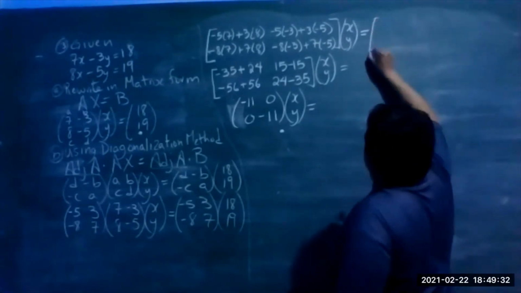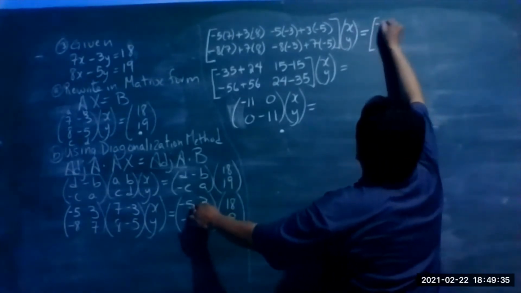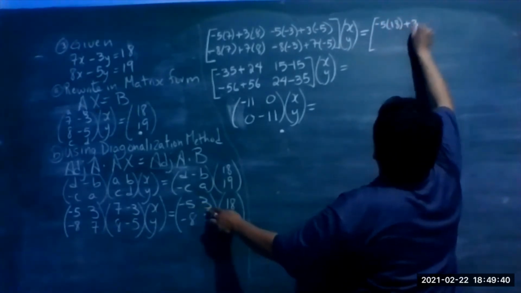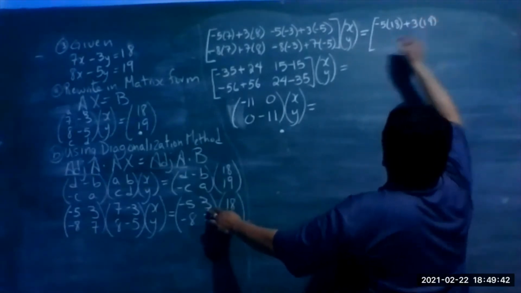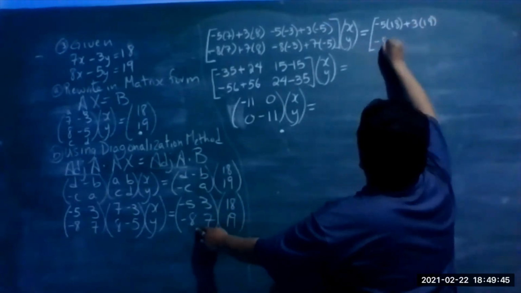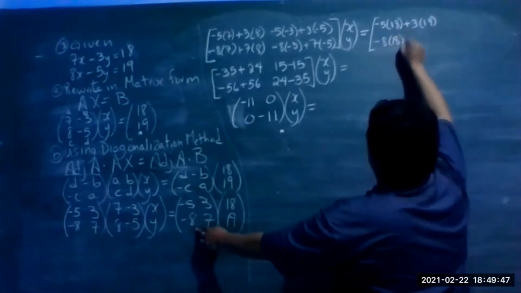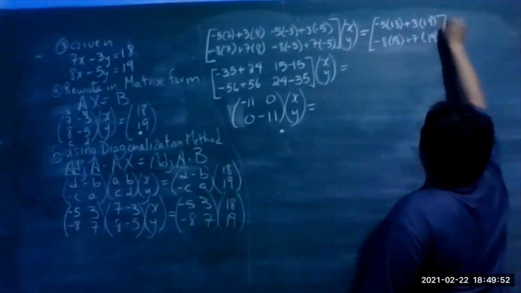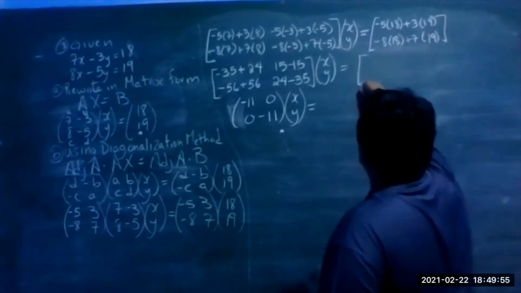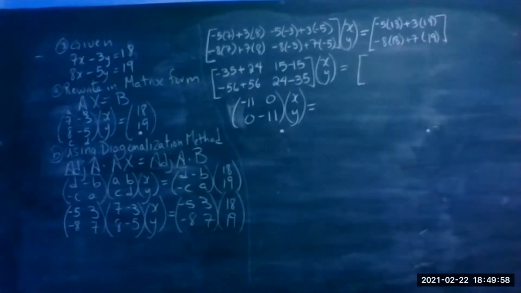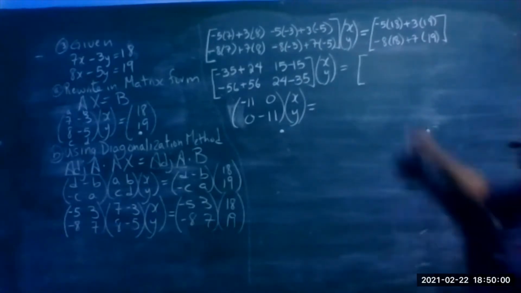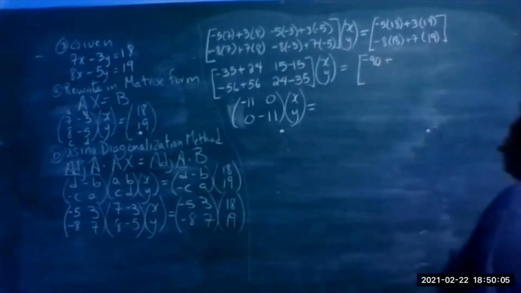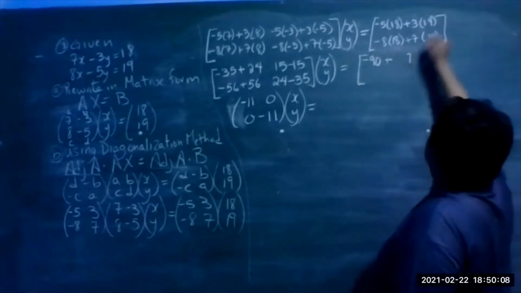All right, so the next one is going to be negative 5 times 18 plus 3 times 19, negative 8 times 18 plus 7 times 19. So here, 18 $5 bills is 90, so this is going to be negative 90 plus 3 times 19, which is 57.